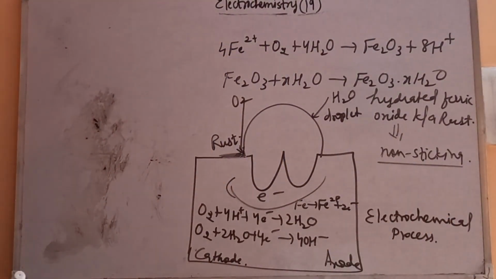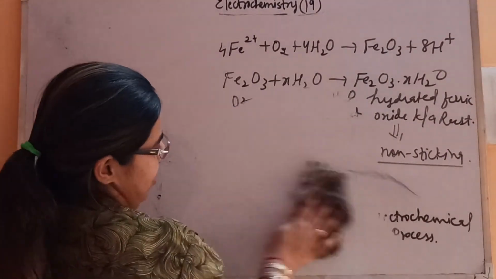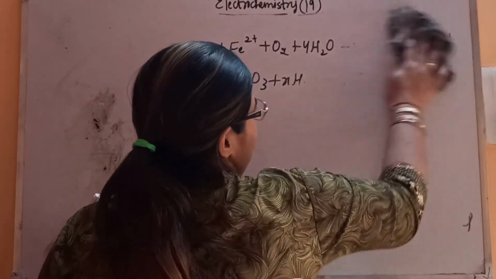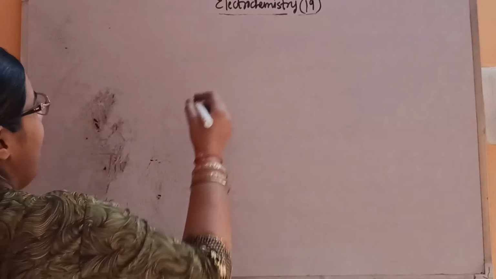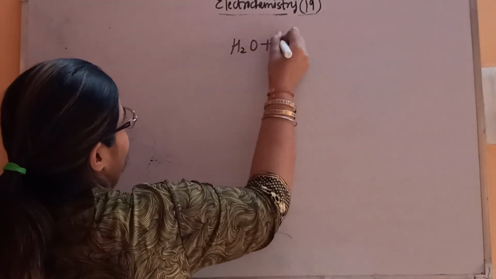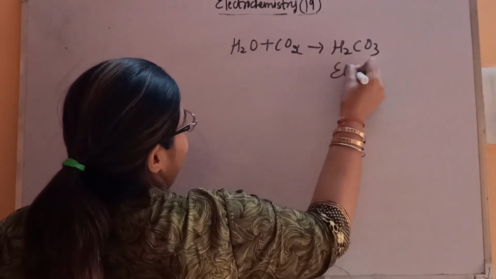And initially the solution which is getting formed is the electrolytic solution, the electrolyte. That solution of carbonic acid which gets formed is the electrolytic solution. This we have seen initially.